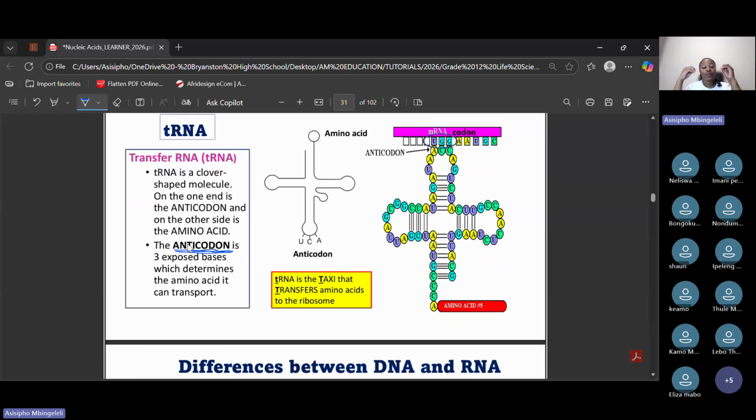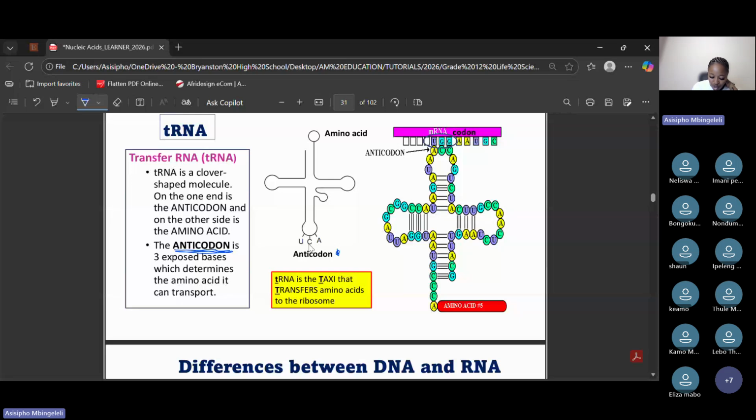What we also need to know is that the anticodons are going to complement the codons. We will do that when we do protein synthesis. So if, for example, we have UCA as our anticodon, this UCA will need to complement the messenger RNA codon.